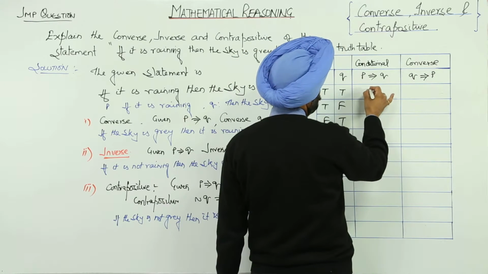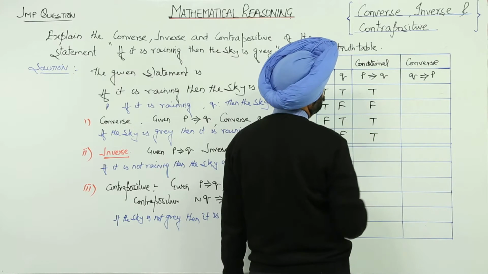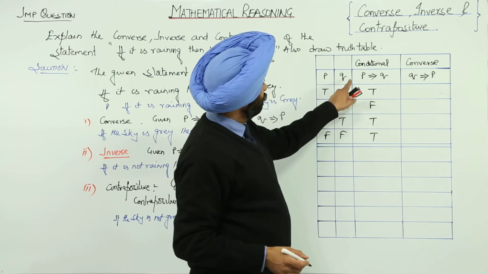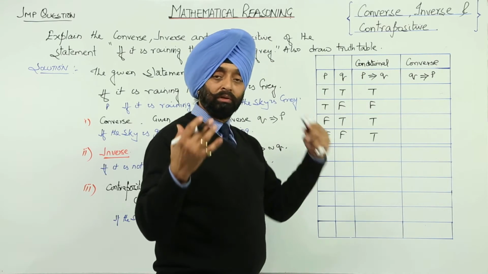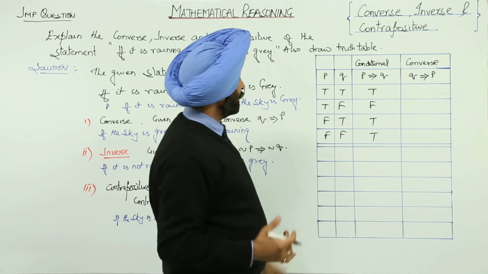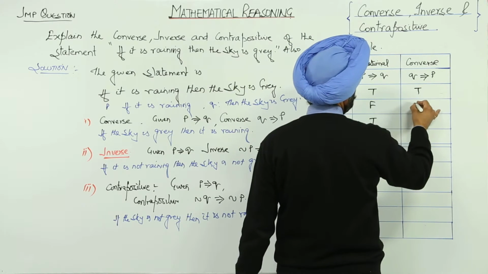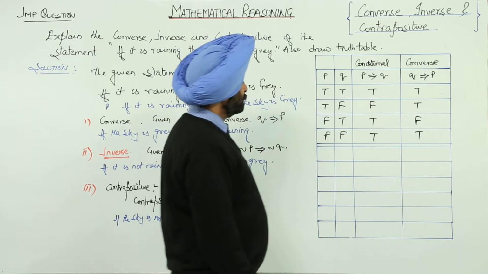Now what the condition is? True, false, true, true. Now when considering Q this and P this, and we have already gone through the previous parts. So for the converse, now we will be having true, true, false and true.